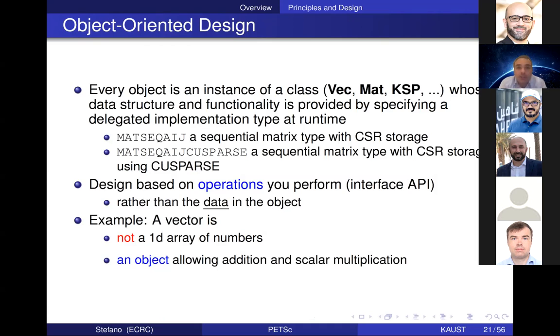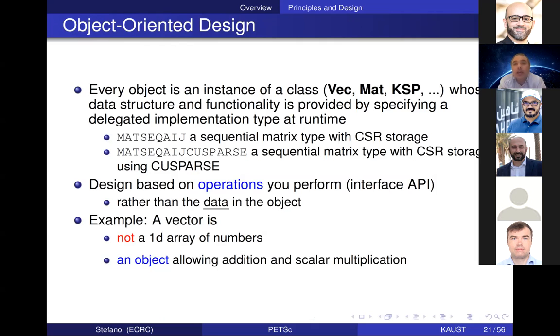So every object in the library is an instance of a class, for example, a vector, a matrix, or a Krylov solver. And the main point of the library is that the data structure and the functionality of the specific type of class is provided by specifying a delegated implementation type at runtime. What does it mean?